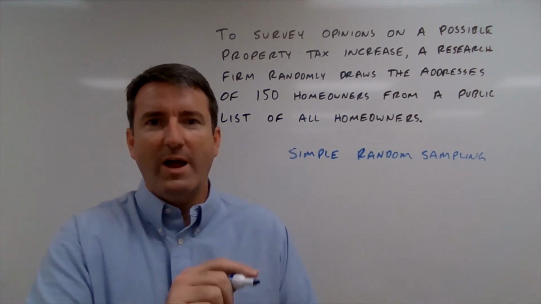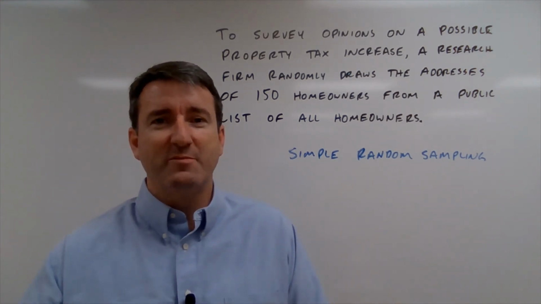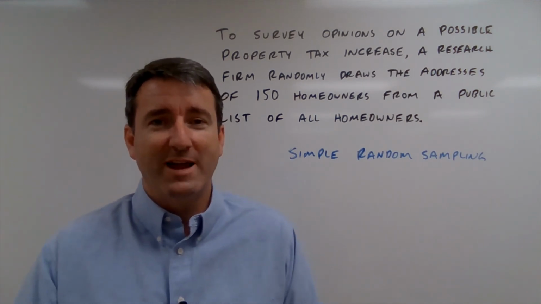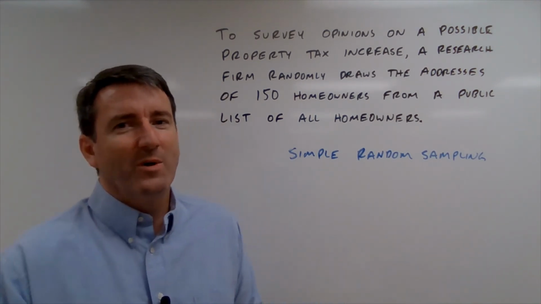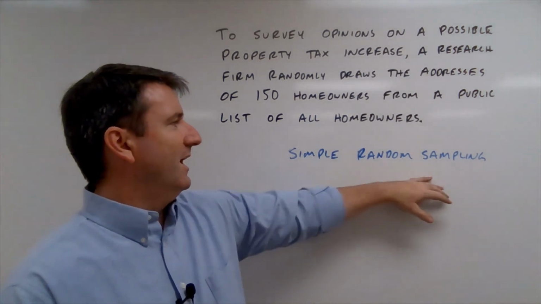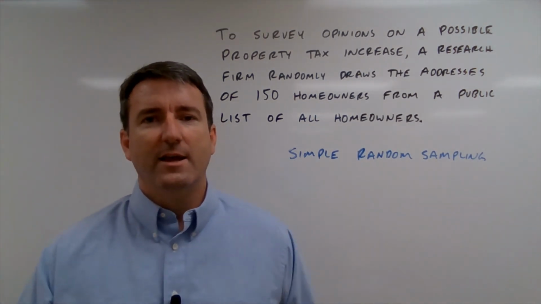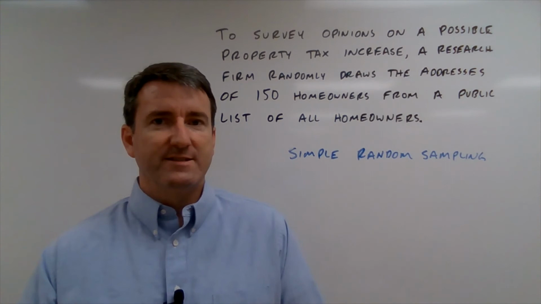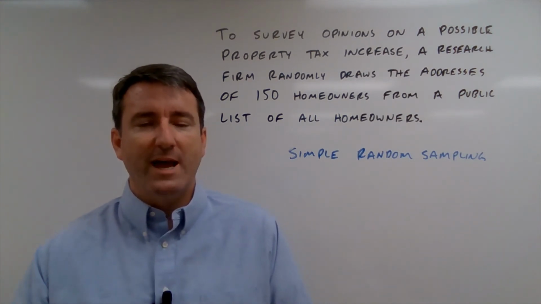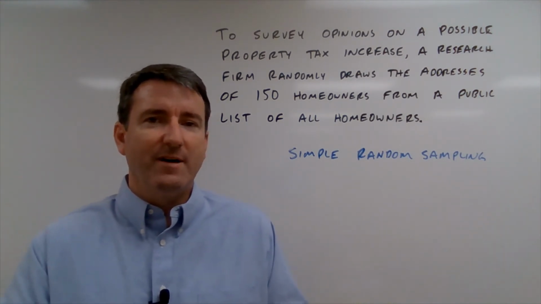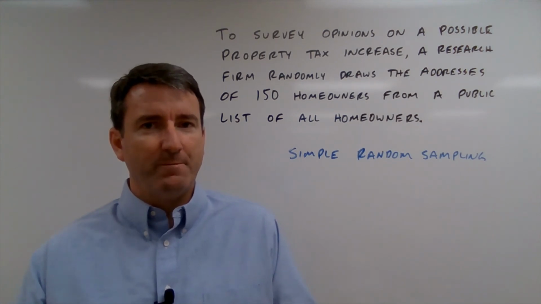We could write all the names of the homeowners on pieces of paper, toss them in a hat, and pull them out randomly. Or more likely, we're going to ask a computer to randomly select names off of this list of all the homeowners.